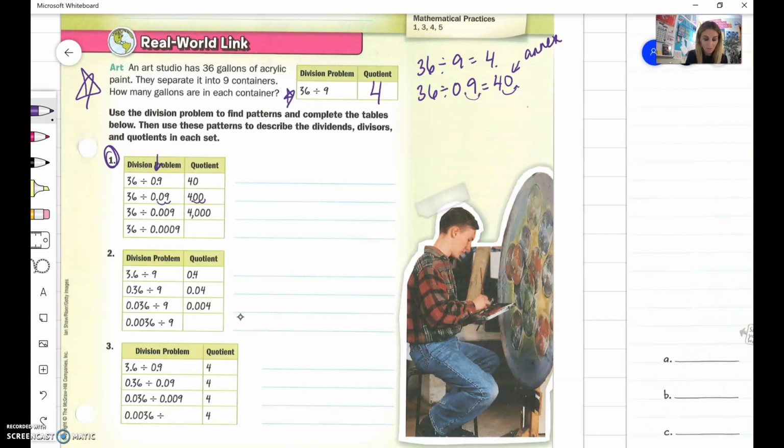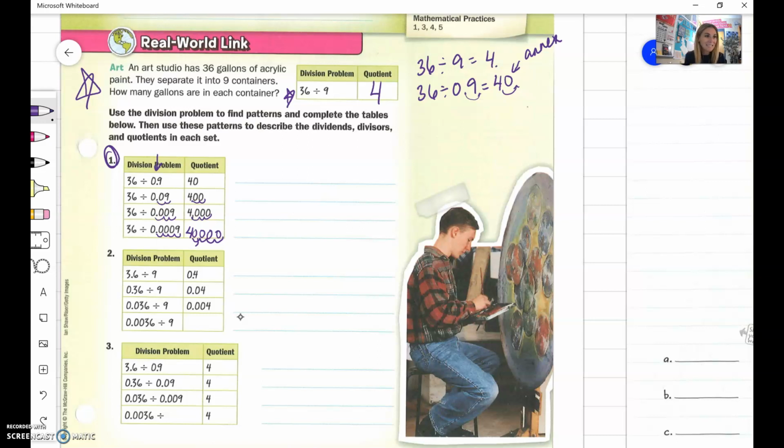Here's my decimal, 1, 2, and I get 400. So we're seeing this pattern. 1, 2, 3. Now let's take a look here. 1, 2, 3, 4, which means I would have my decimal point here. I'm going to annex my 0. And this answer is 40,000.